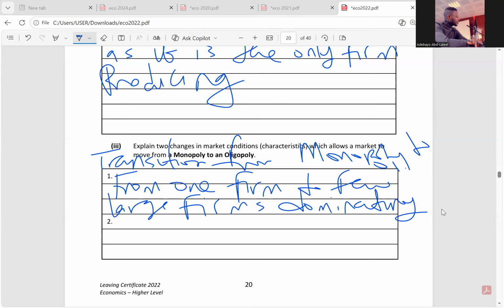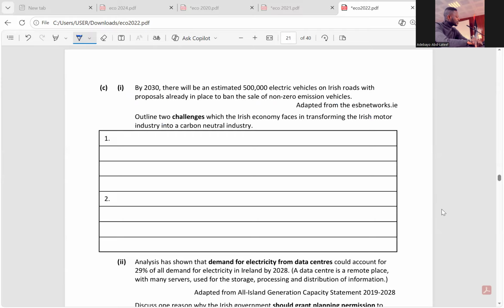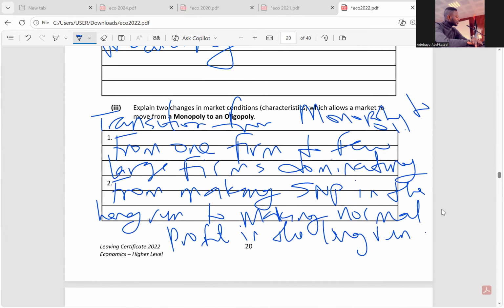And the second one is from making supernormal profit in the long run to making normal profit in the long run.